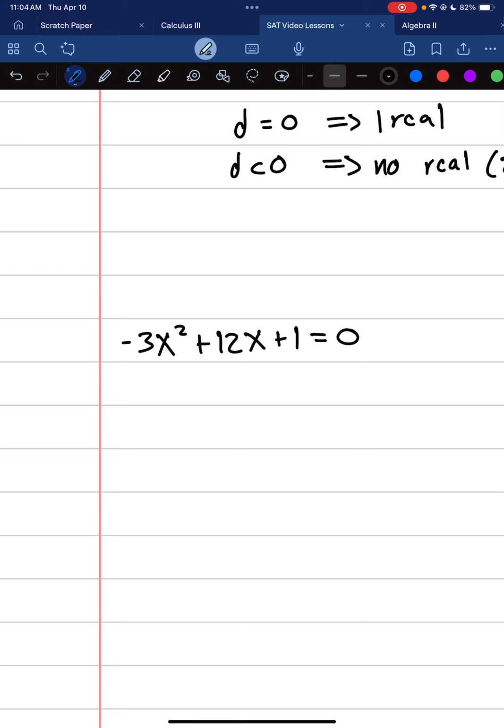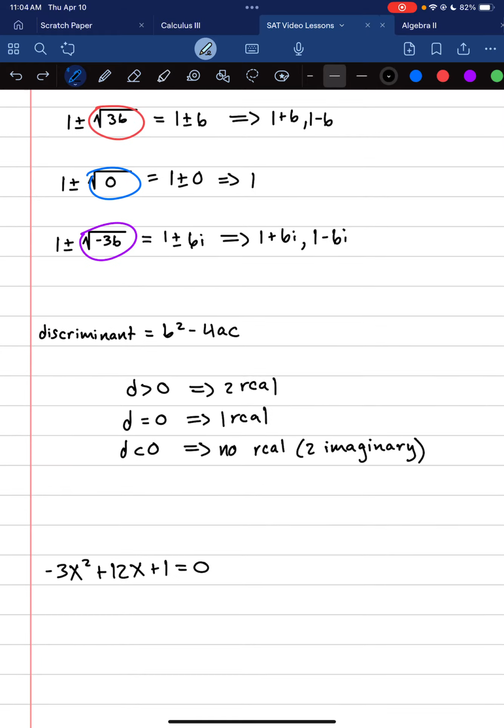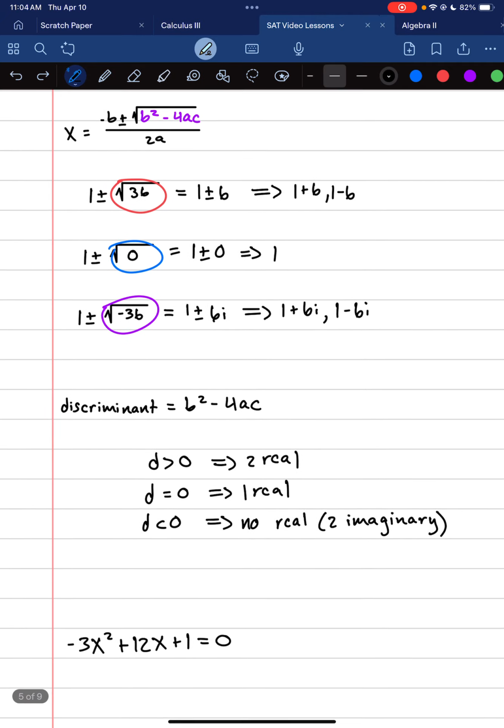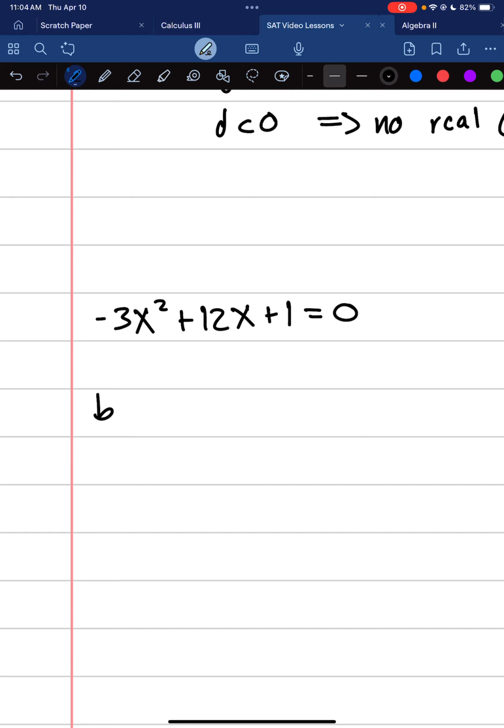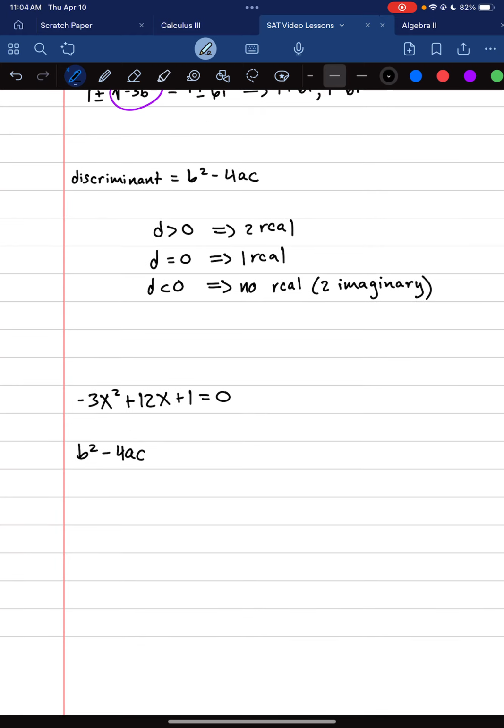So what I'm going to do is find the discriminant of this, and remember the discriminant is the value inside the radical, or in other words, b squared minus 4ac. So I'm going to find b squared minus 4ac, and I know that if that number is positive, I have two real solutions. If it's 0, then I have one real solution, and if it's negative, I have no real solutions.